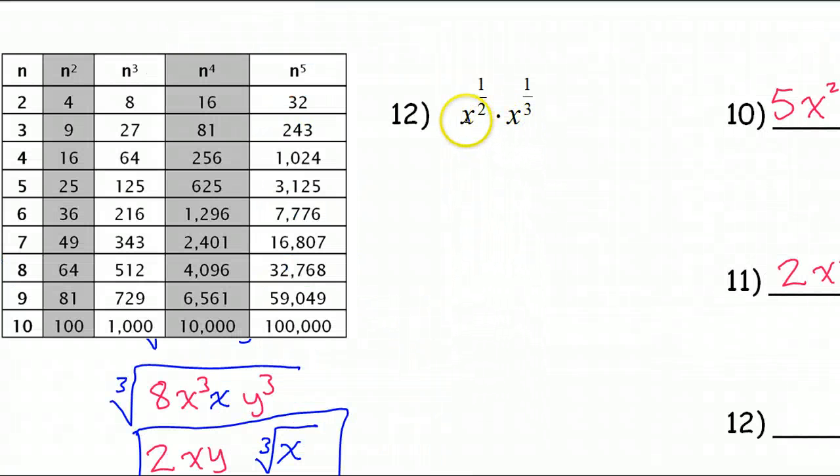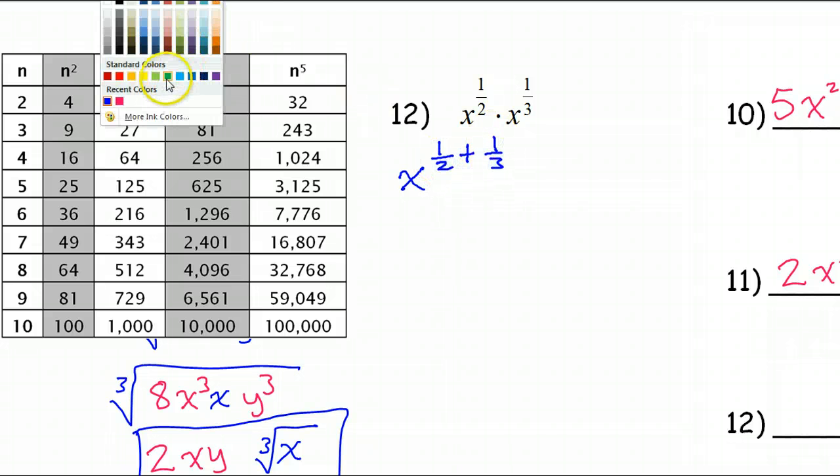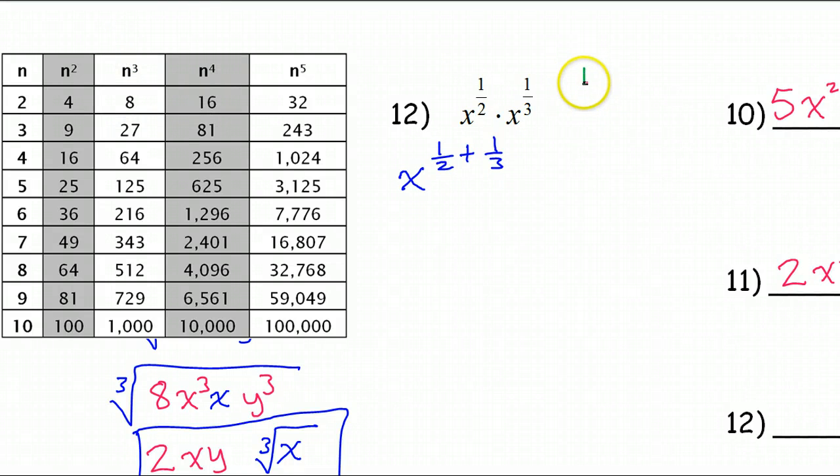Number 12. When you multiply, you add the exponents. So this is going to be a relatively straightforward adding of the exponents. So we're just going to do 1/2 plus 1/3. I like to do this off to the side. So let's see, 1/2 plus 1/3.